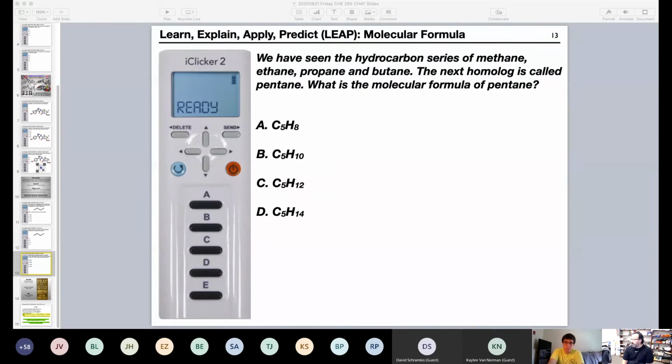So it could be pentene. Notice that name in the chat there. This question is first asking you about pentane equals C5H12. Pentene equals C5H10.